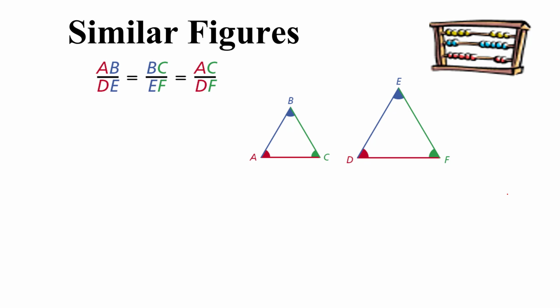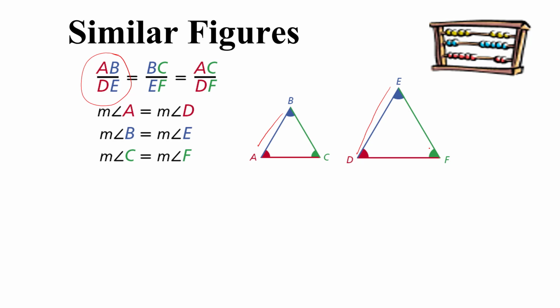So, similar figures are proportionate. Notice that we see AB is proportionate or has a ratio equivalence to ED. Now, every side on our shape is going to have the same ratio. So AB to DE is one ratio. BC to EF is going to have the exact same ratio. AC to DF will have the exact same ratio.